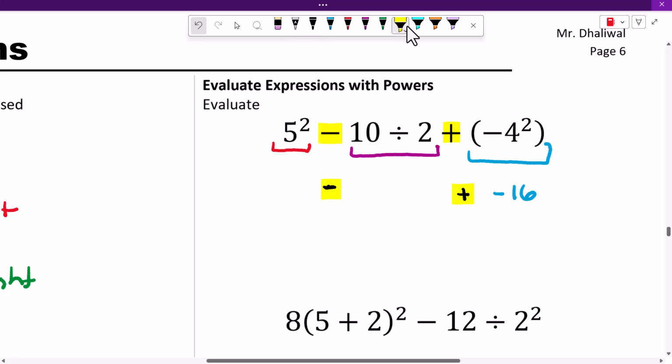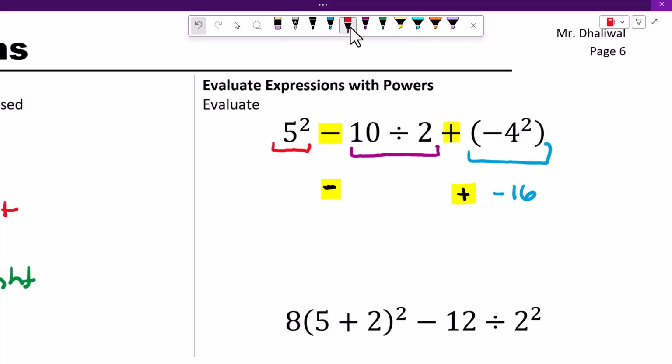So the next, which section do we do? The red section or the purple section? Red has exponents in it, right? So 5 to the exponent 2 is 5 times 5, and we get 25. Right? Positive 25 or negative 25?